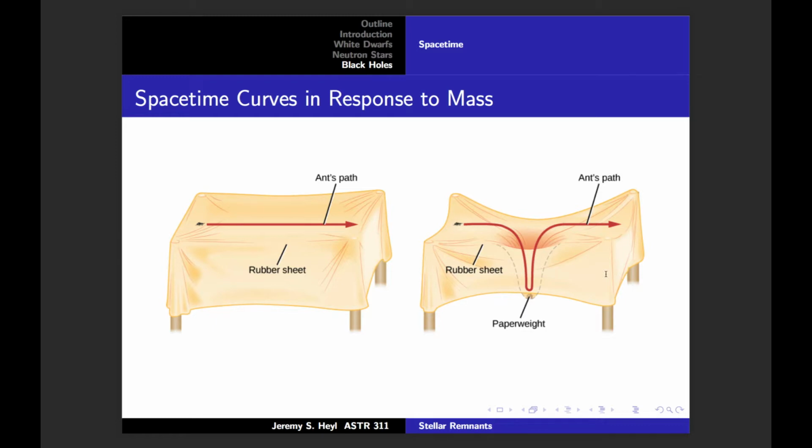I could take two objects and set them going in this direction parallel to each other, and what will happen is they can get closer to each other or further away. That's how you could measure it. And it would look like there's a force drawing them together or pulling them apart. And I could call that force gravity, or I could just say it's the shape of the space-time.